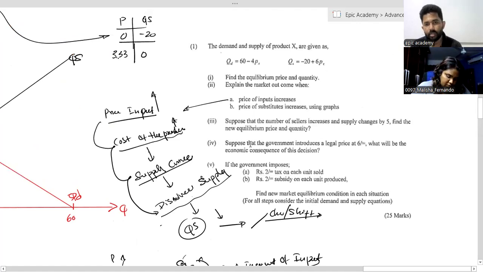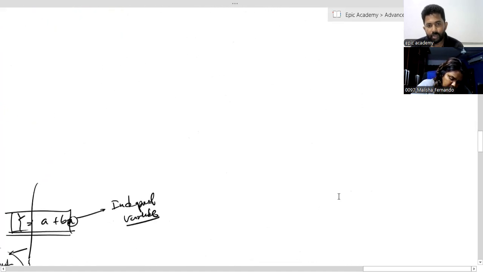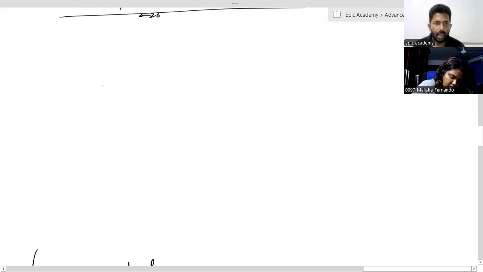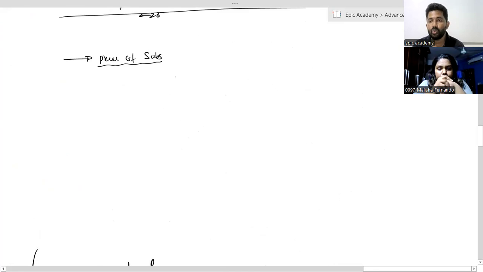Price of substitutes increases. Price of substitute means other commodities, other commodities which you can use or consume for the particular commodity.